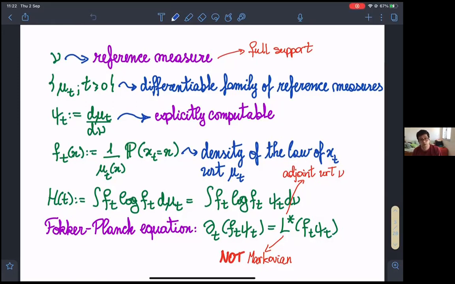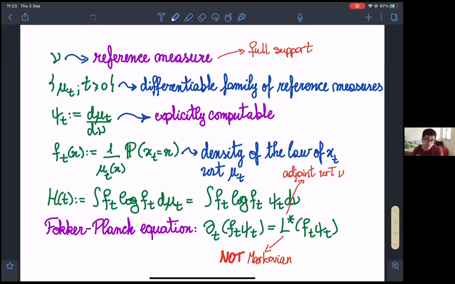Actually f_t times psi_t is the one that satisfies the Fokker-Planck equation, because that product is the density of the law of the process with respect to the fixed reference measure nu. And something nice about the Fokker-Planck equation is that it is always true, even when the reference measure is not an invariant measure of the Markov chain we are considering.